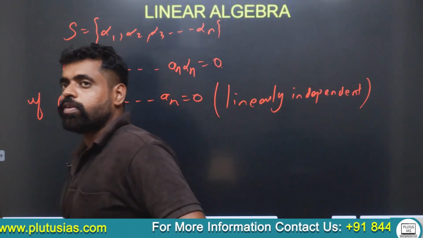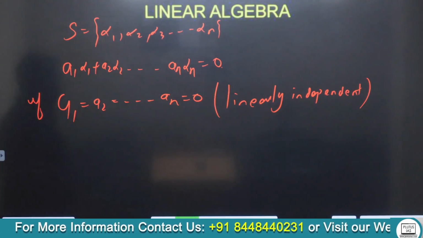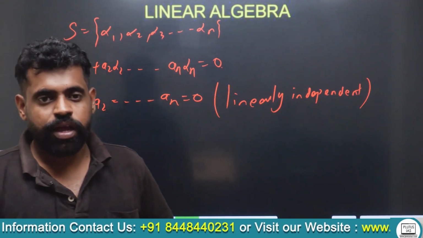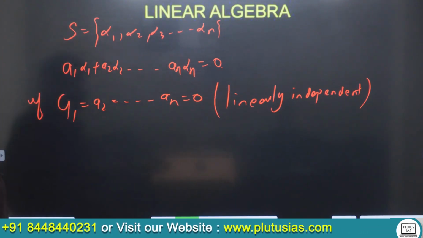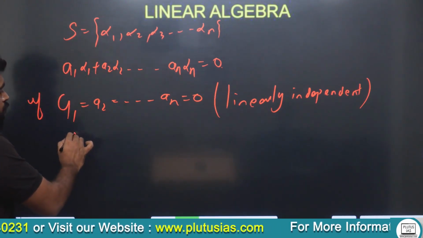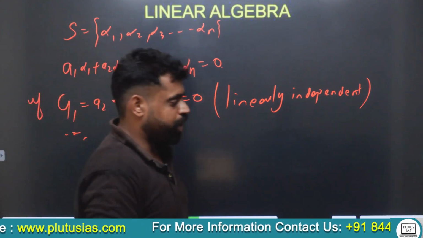If out of a1, a2, a3, ..., an, even one is non-zero, then it is linearly dependent.